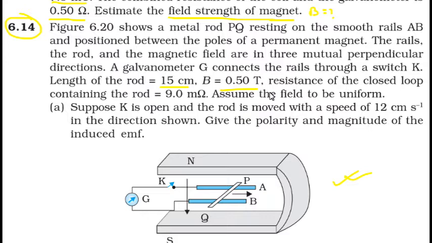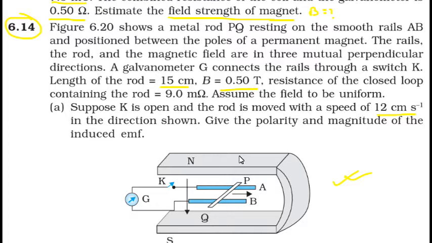Part A: suppose that K is open and the rod is moved with a speed of 12 cm per second in the direction shown.